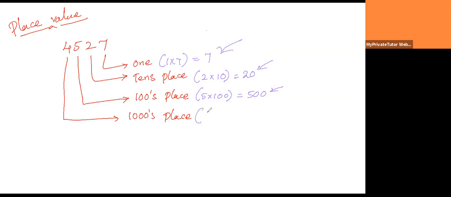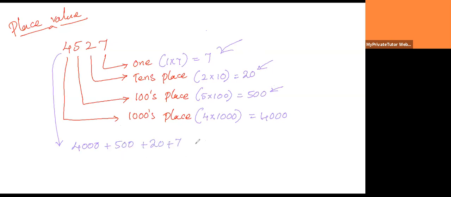And the place value of 4 becomes, 4 is in the thousands place, so it would be 4,000. And you all know how to split this. We can split this as 4,000 plus 500 plus 20 plus 7.